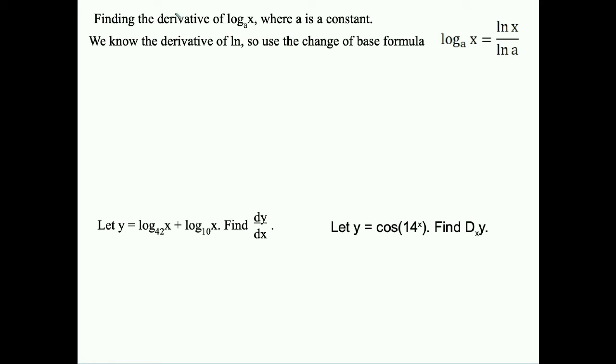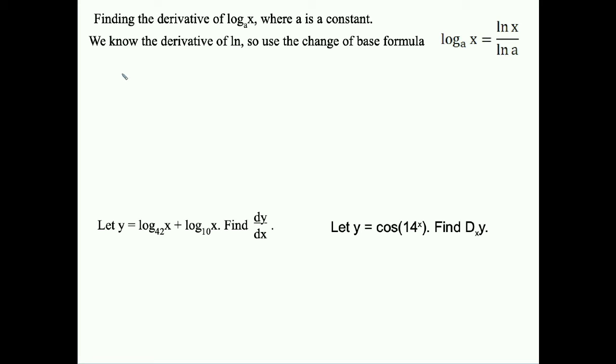Now what we're going to do is we're going to find the derivative of log base a of x, where a is a constant. Again, we know the derivative of natural log, base e, of x, but we don't know it for anything else. So we're going to use our change of base formula to change log base a of x into natural log of x over natural log of a.